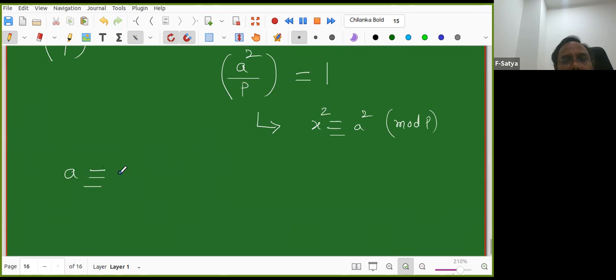Now I'm giving you that a is congruent to b modulo p. Then what can we say? Is it true that a by p equals b by p?